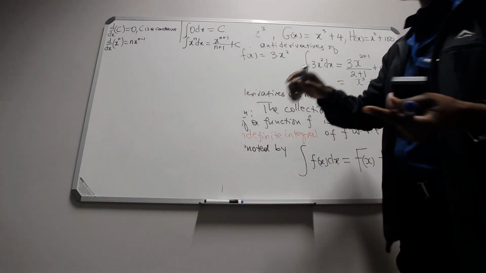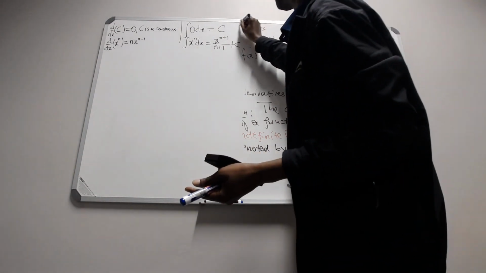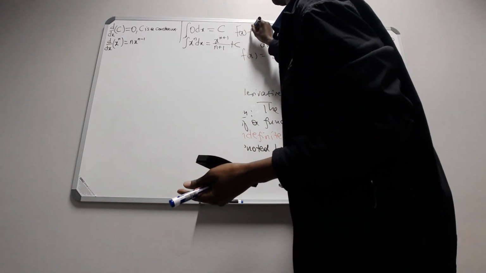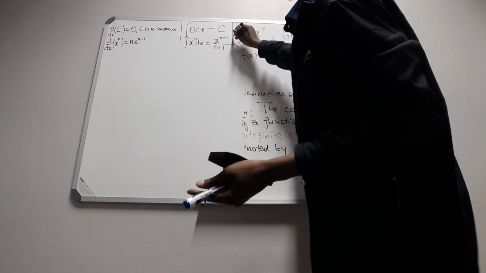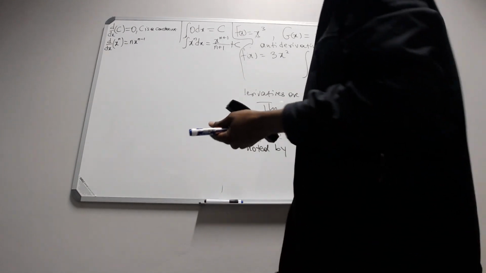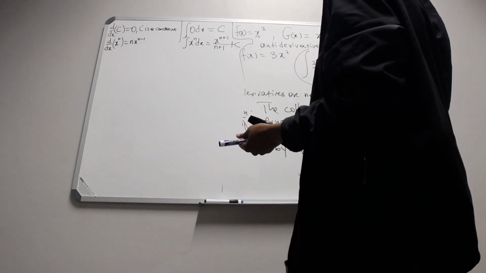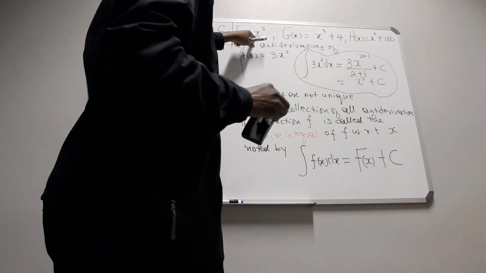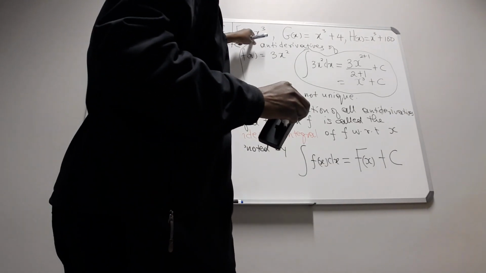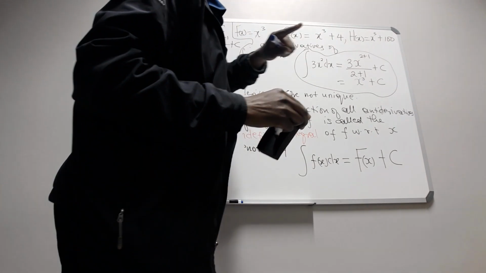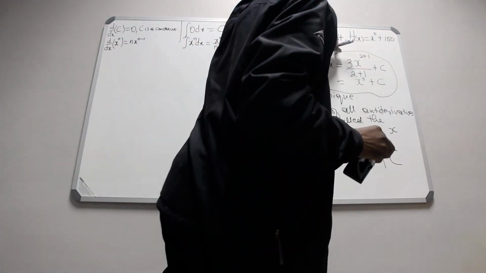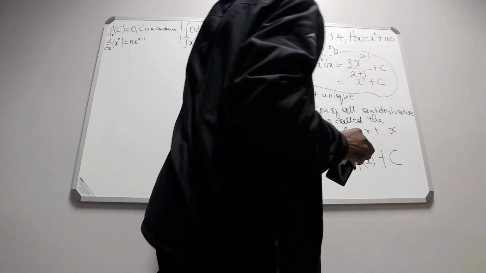This is what we started off with, because we said capital F of x equal to x cubed. So this is how we get these antiderivatives. So c can be a 4, can be 100, it can be a 0, it can be any constant.